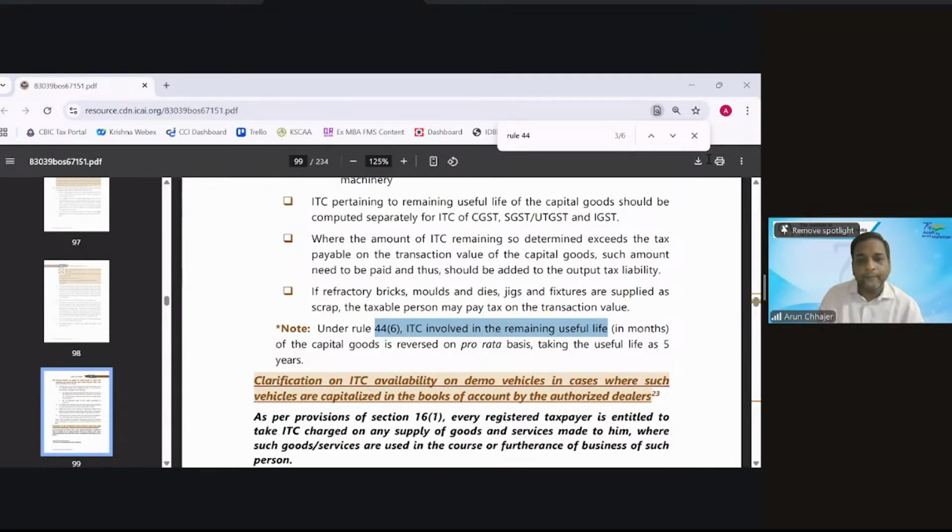Normally I can say in the note you must write this particular word. You apply the 5% per quarter to the extent you have used that asset. But in the note you must write this line: Rule 44(6) ITC involved in the remaining useful life to be computed on monthly basis.